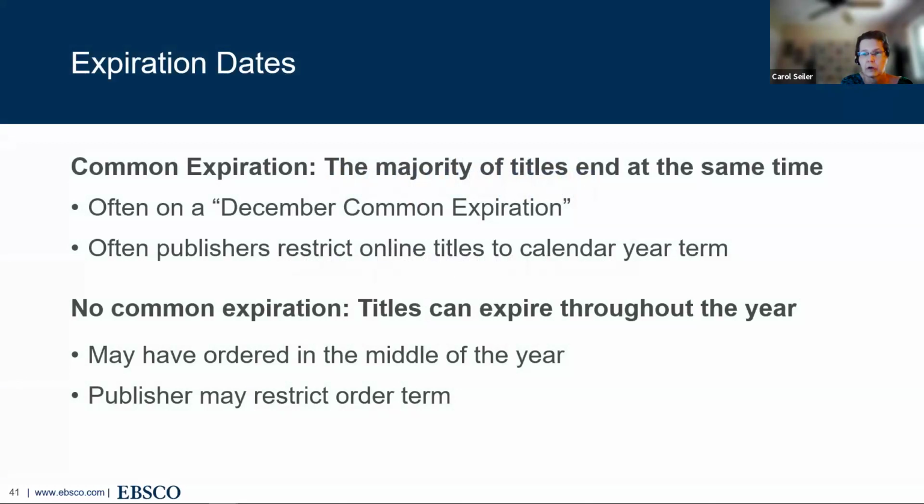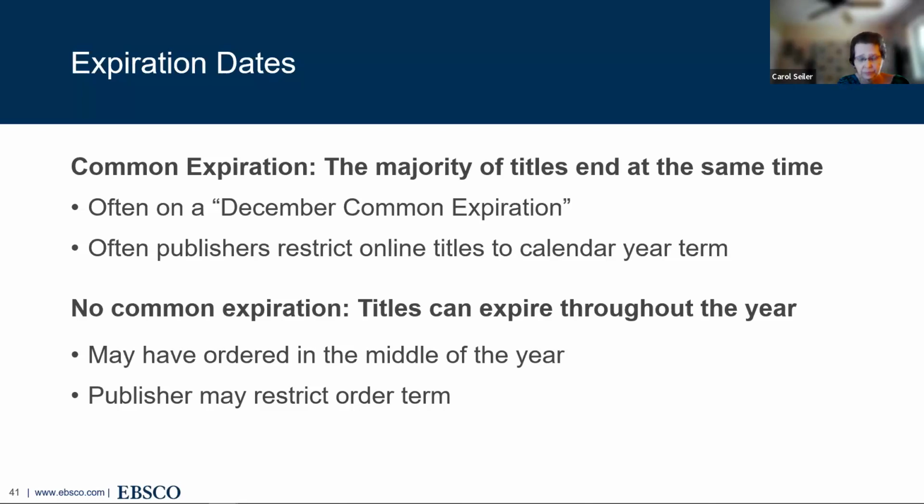Often this will be for academics, December common expire. Why December? It's a nice calendar year. A lot of online titles, not all, but a lot of online titles are restricted to calendar year. Education, not so much. A lot of education titles will do the education calendar, so it'll be July or August through June or July. But most often it'll be December common expire.